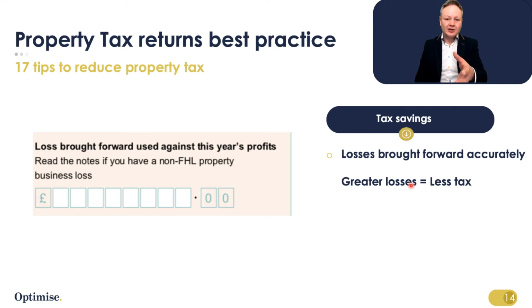So remember I said earlier, whereby you've got this £15,000 worth of refurb costs. If you had £3,000 worth of profits, well, now you've got £12,000 losses to carry forward, which means you do not pay tax. But that £12,000 worth of losses needs to be put into your tax return so then any future profits can be offset against it.